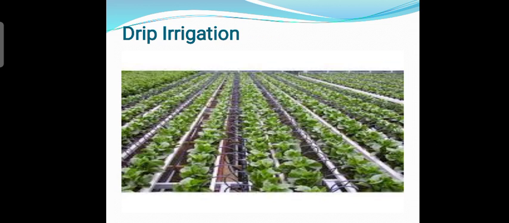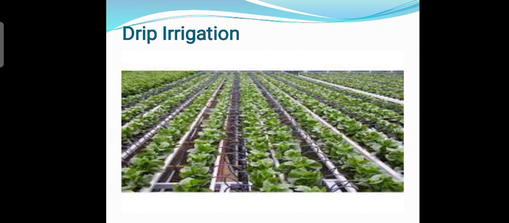The fourth modern irrigation method is drip irrigation. And students, you prepared the model of this irrigation system only. In this system, the water trickles drop by drop near the plant from a network of plastic pipes. The pipes have holes at regular intervals called emitters or drippers.